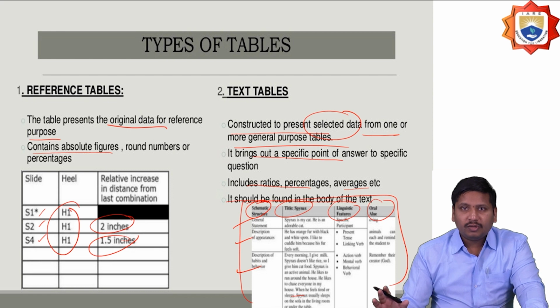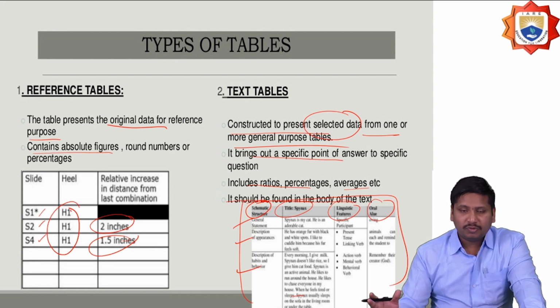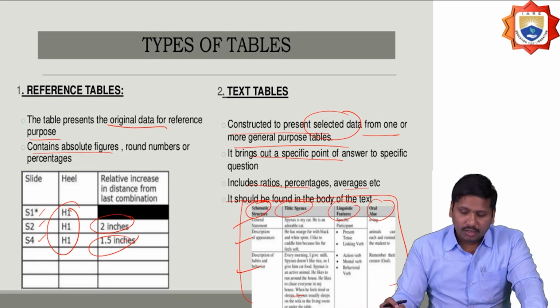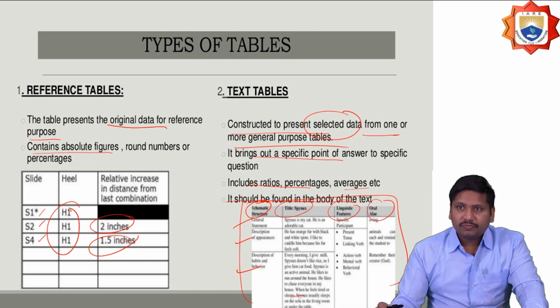A reference table represents the original data for reference purposes, and text tables represent the data in one or more general purpose tables, specify specific points of questions, and also include some ratios, percentages, averages, like that.